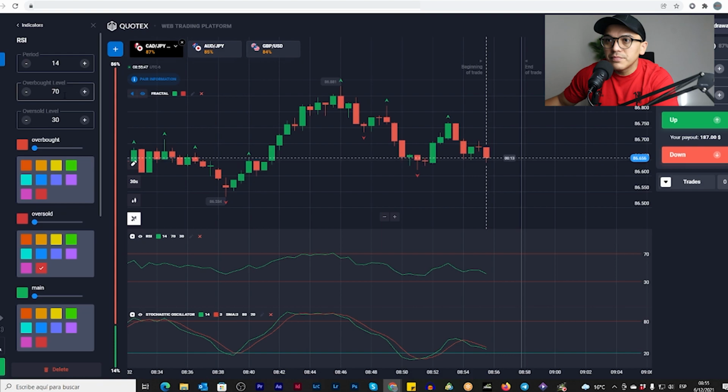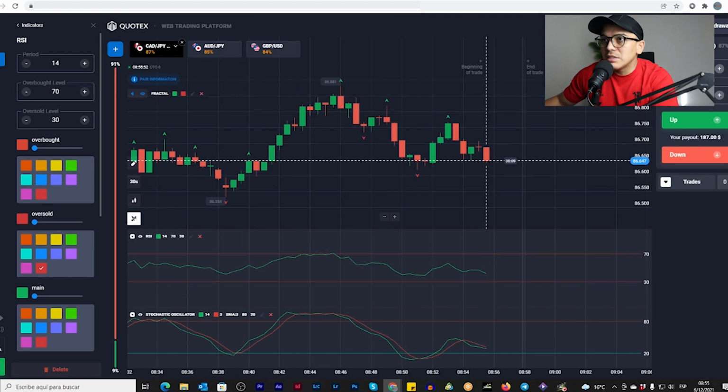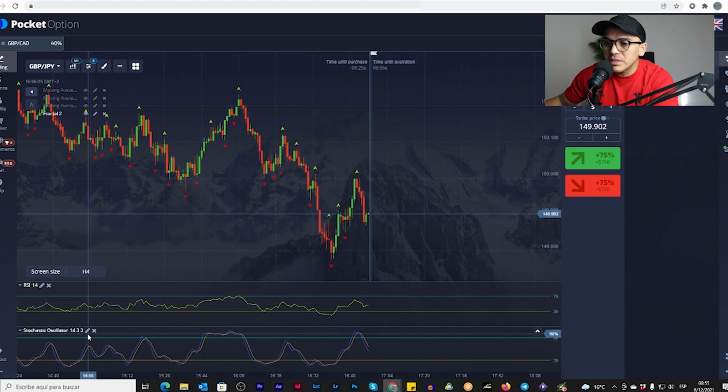This is a good one, and here it doesn't show me the third line. The other one shows the third line at 50. You can just cut it, and this is there. So let's save. This is the RSI. We copy the settings.